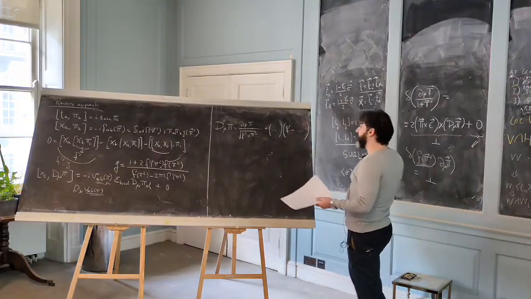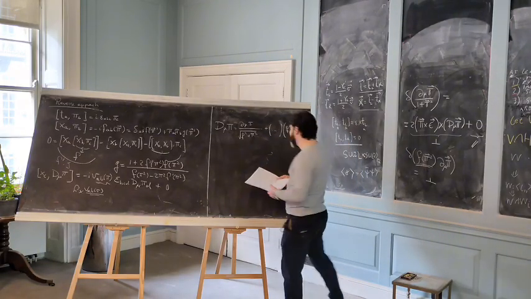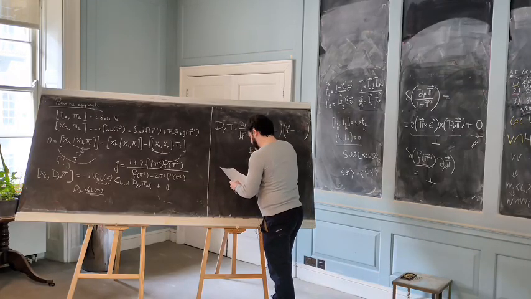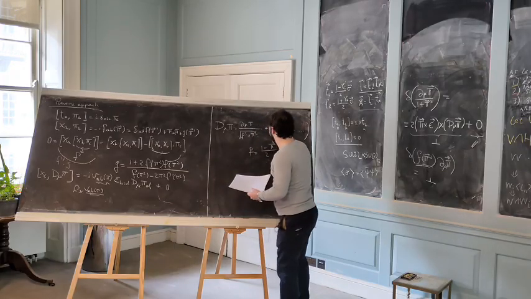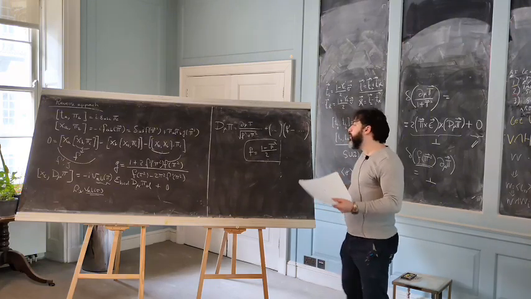The choice that gives the effective Lagrangian that I wrote before, the Lagrangian that we derived with the linear sigma model approach, is just f equal to 1 minus pi squared divided by 2. This was the choice that we made at the beginning.